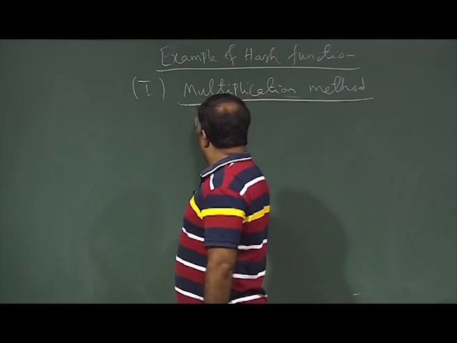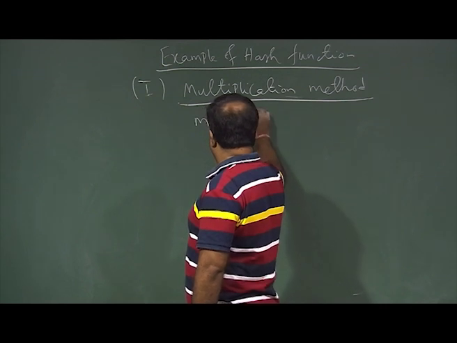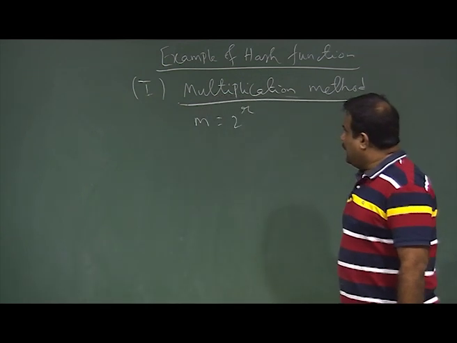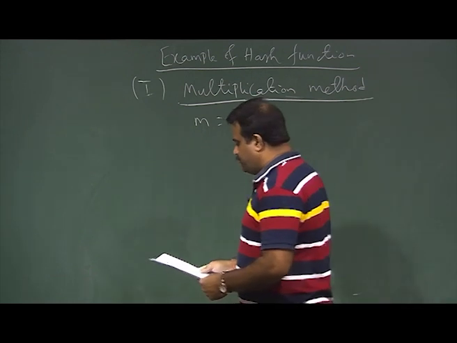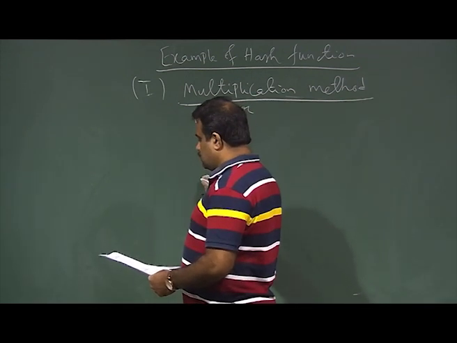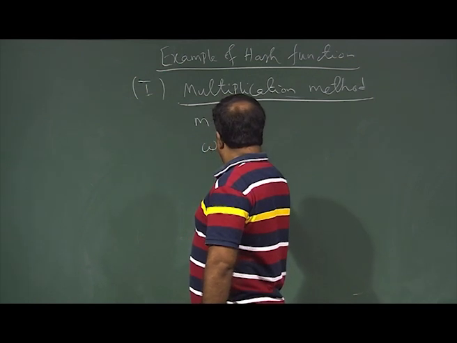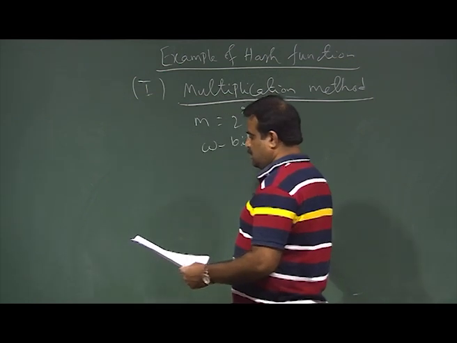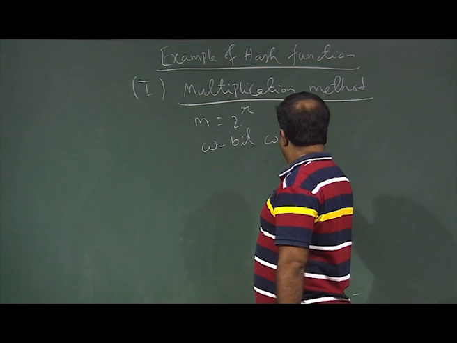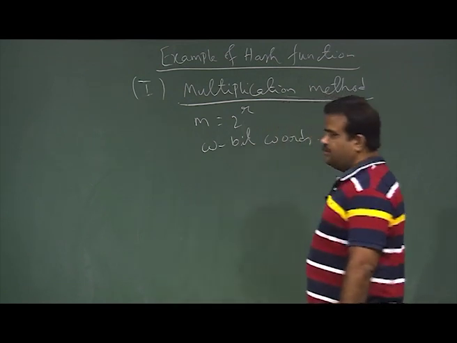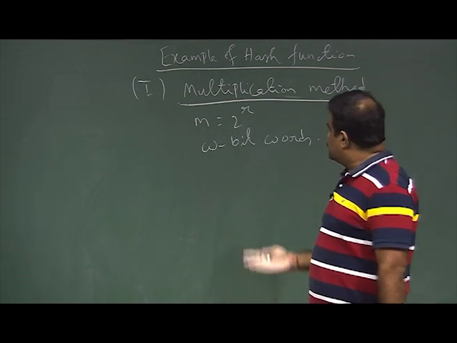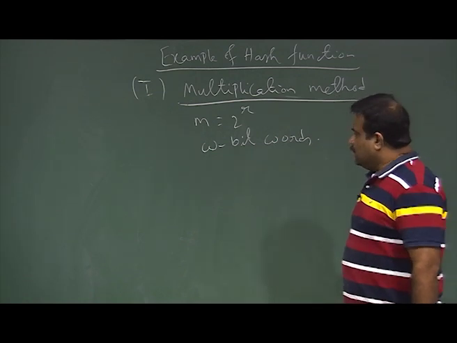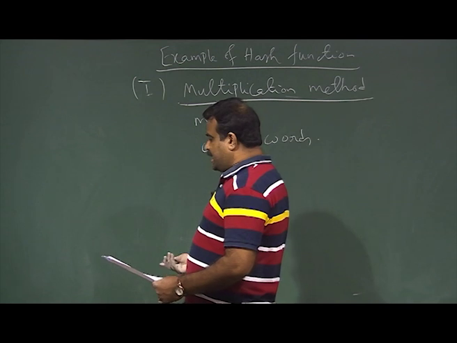Here we are allowed to choose m to be 2 to the power r, and our numbers are say w bits. So, our words are w bit words. So, our keys are w bit. So, our computer is w bit. So, 64 bit computer nowadays. So, w could be 64. Okay. So, our key is w bit.